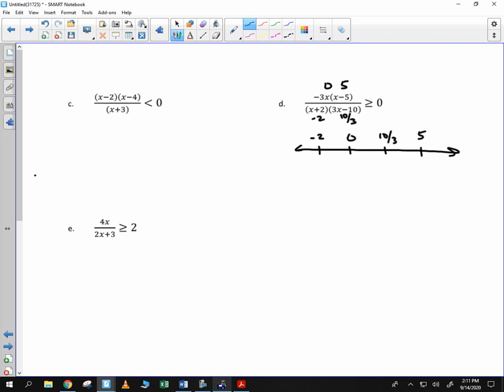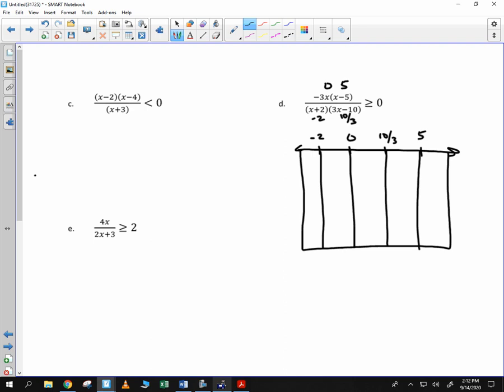Because I have 4 numbers on top, I'm going to have one more column. So I'm going to have 5 columns. Since you have 4 numbers on top, you're going to have 4 rows. And that's how I make my chart for my testing purposes.